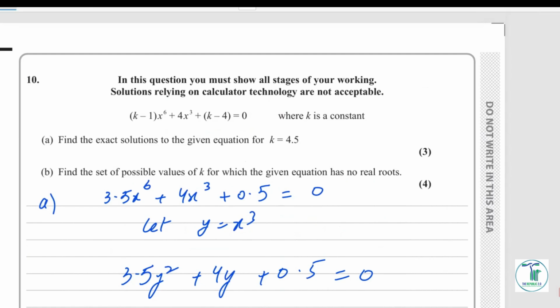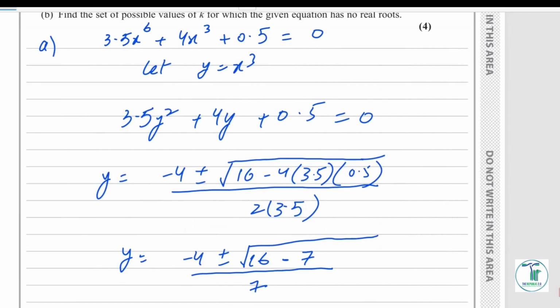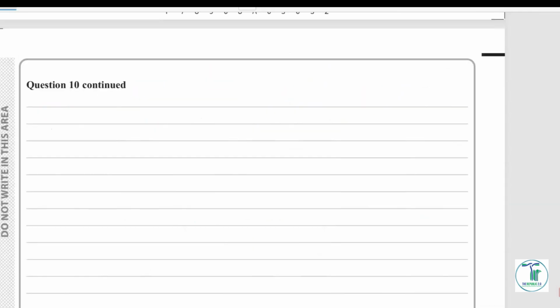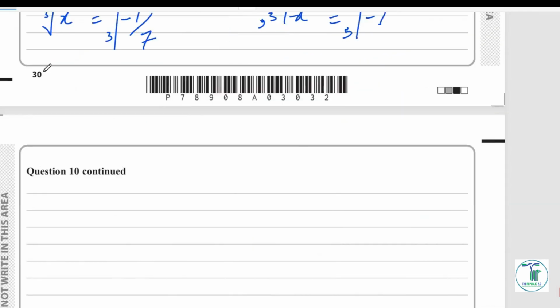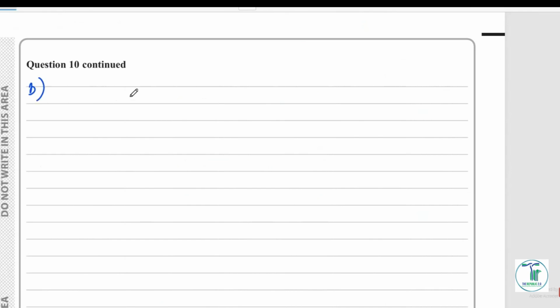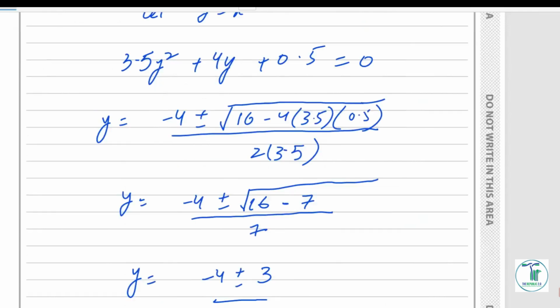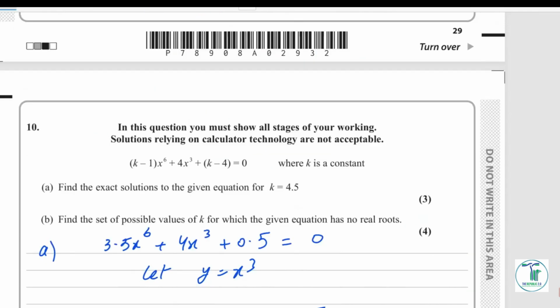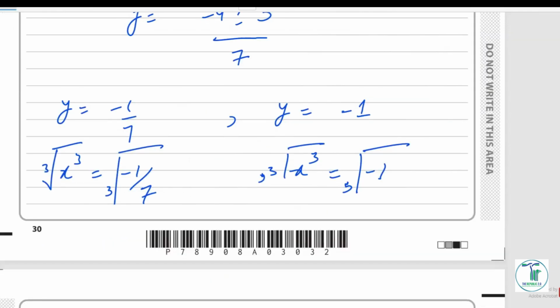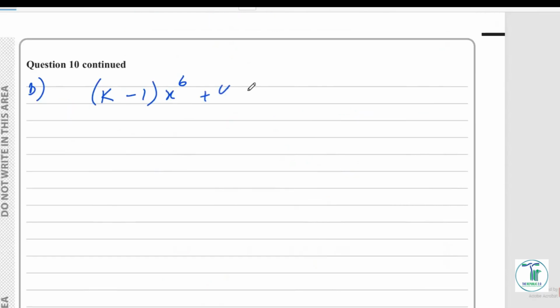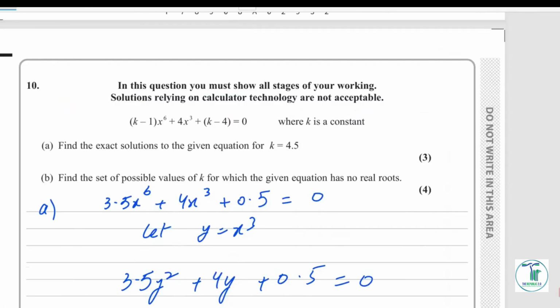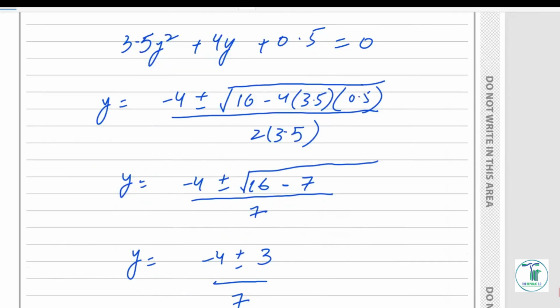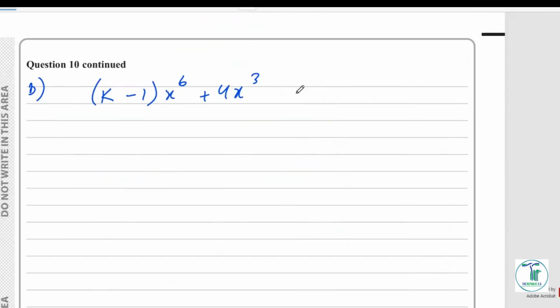So what I'm going to do, I'm just going to rewrite that equation. I must be having, for the p part, (k minus 1) times x to the power of 6 plus 4x cubed plus k minus 4.